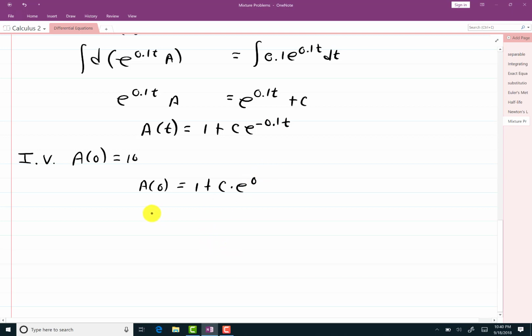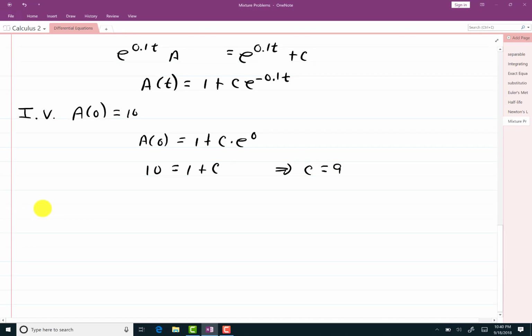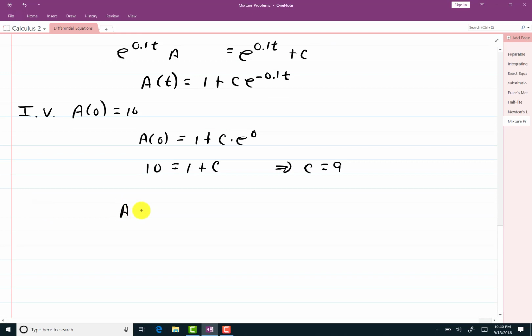And A of 0 was 10, so 10 equals 1 plus c. And so this gives me c equals 9. So my formula then is A of t equals 1 plus 9 e to the negative 0.1 t.